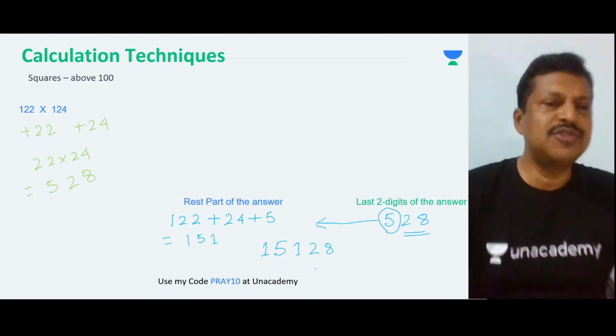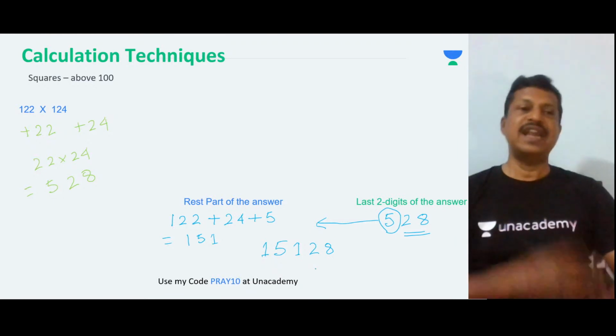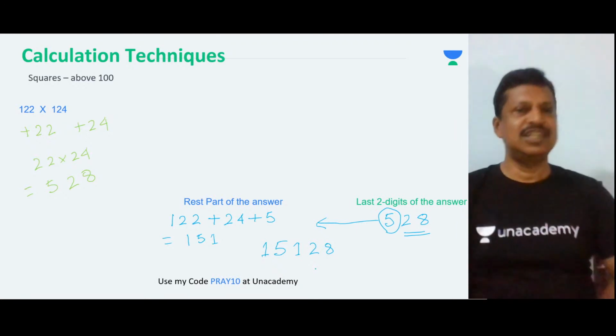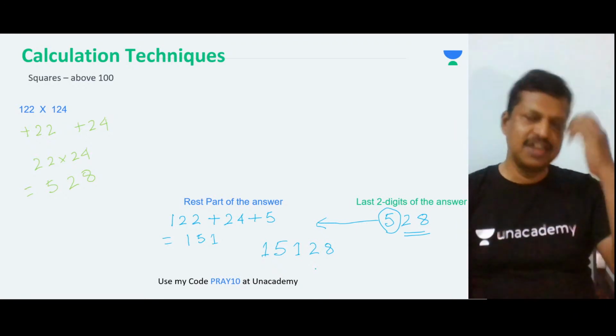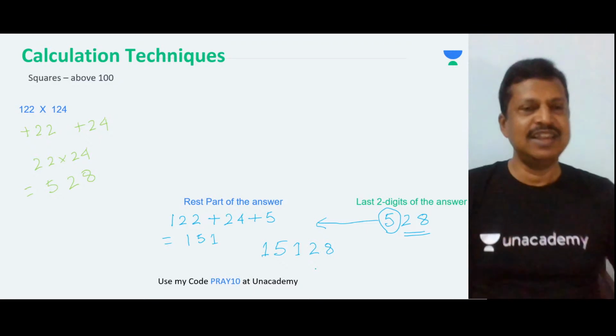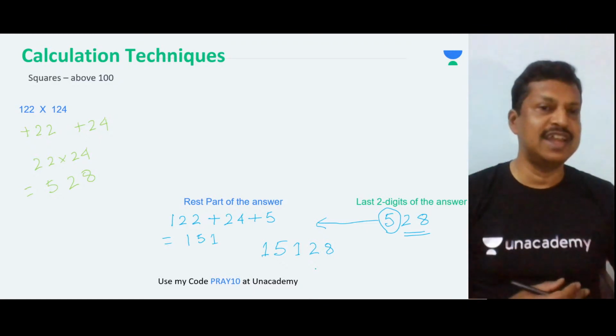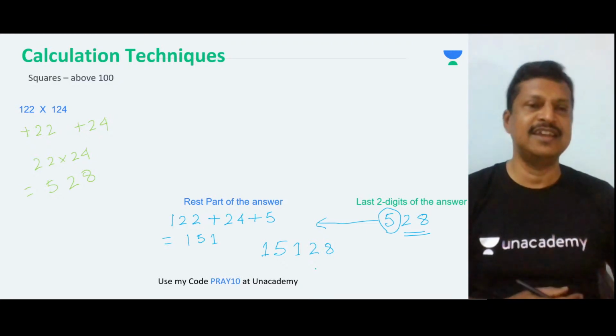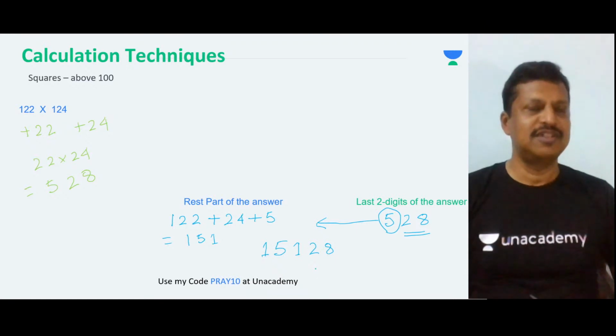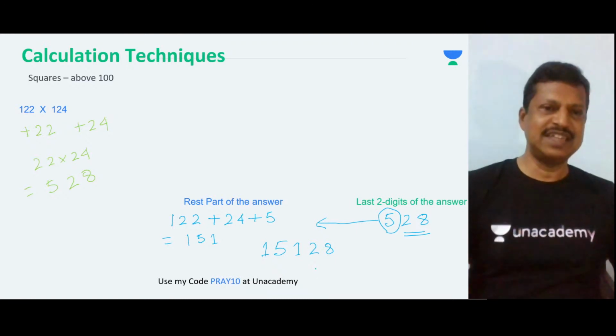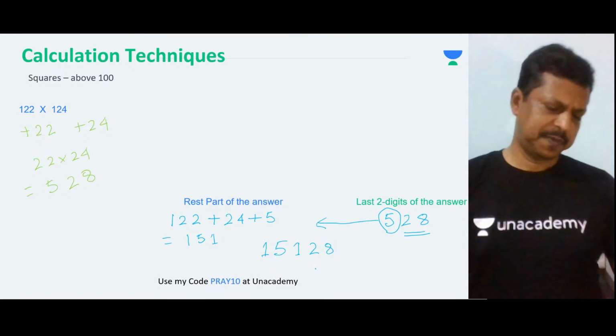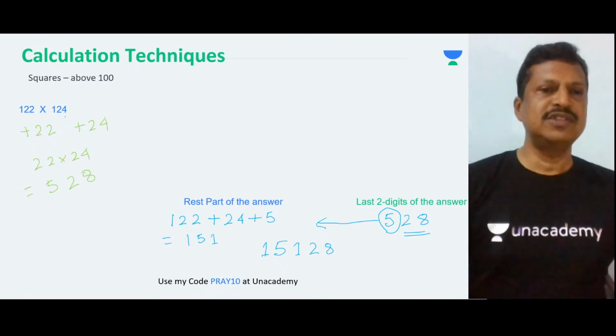Of course, you need to know the table, right? If you can remember the table, it's quite good, but I'll tell you some interesting technique. Do you know how to calculate with 11? There is a shortcut technique. So let's have a look. What is your question over here?